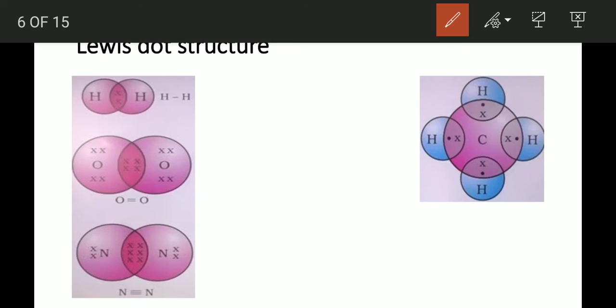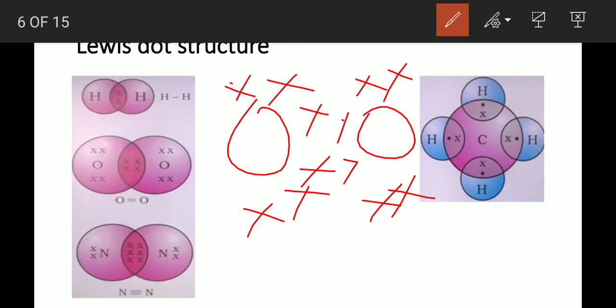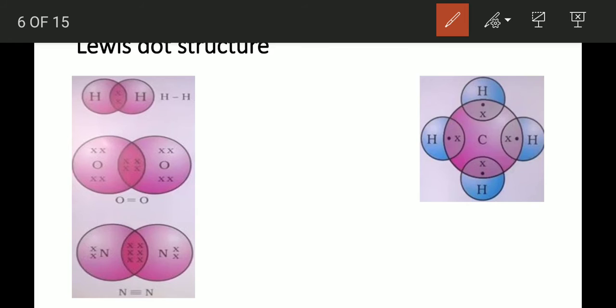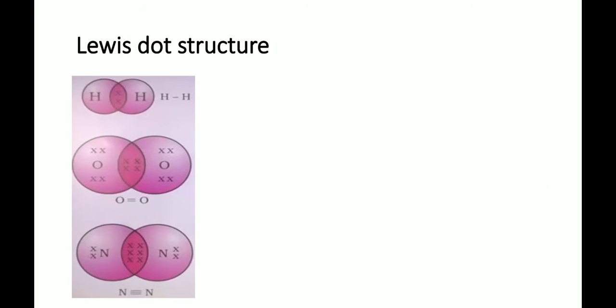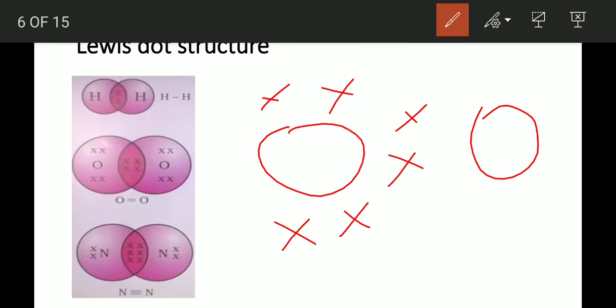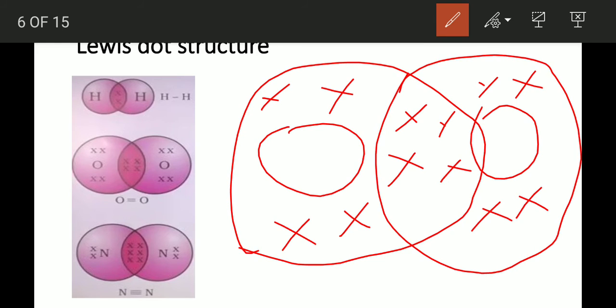They will form double bond. This is only our Lewis dot structure.